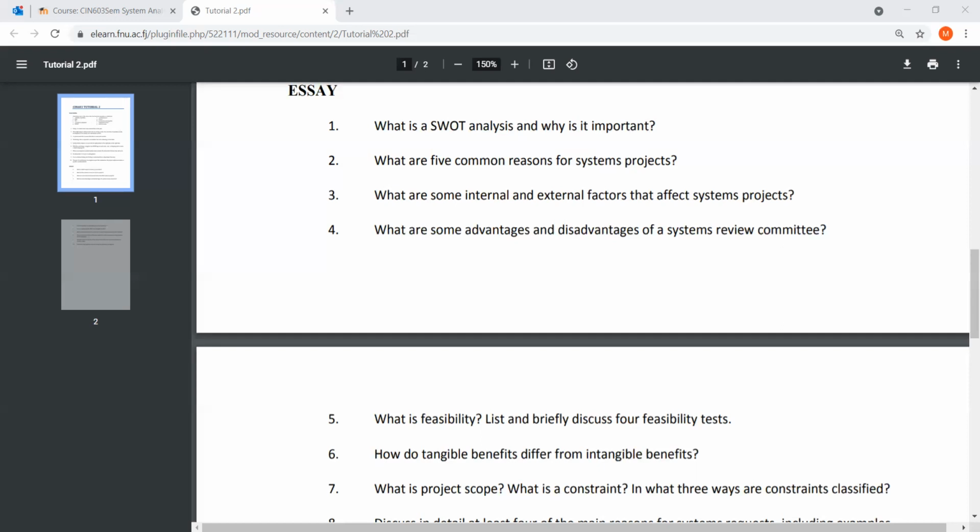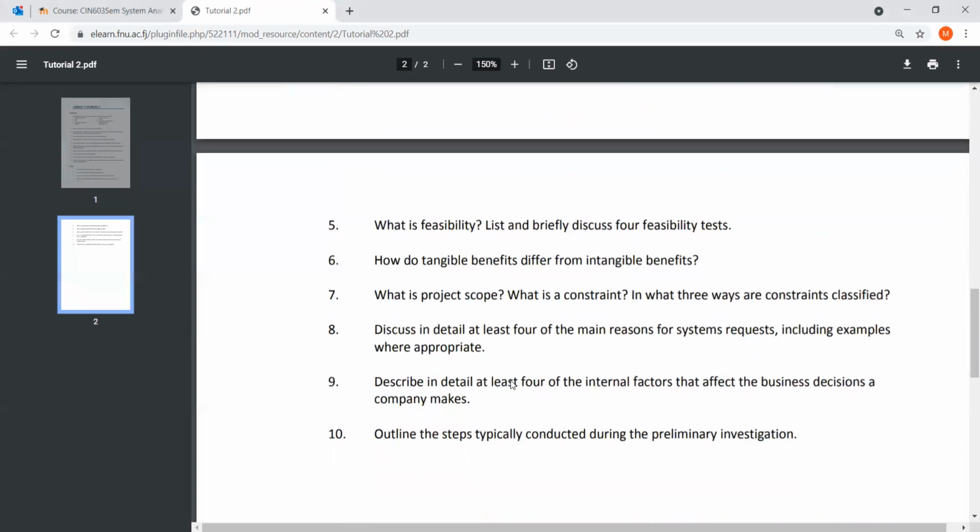Question number 5. What is feasibility? List and briefly discuss 4 feasibility tests. So first of all, we look at feasibility.